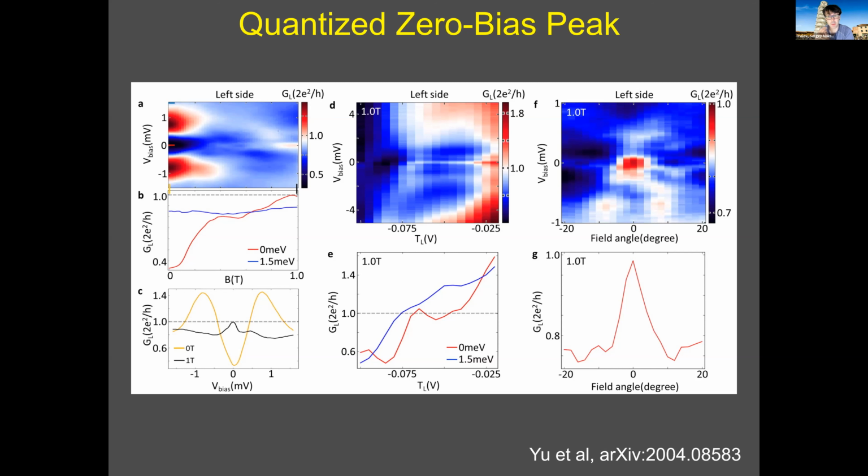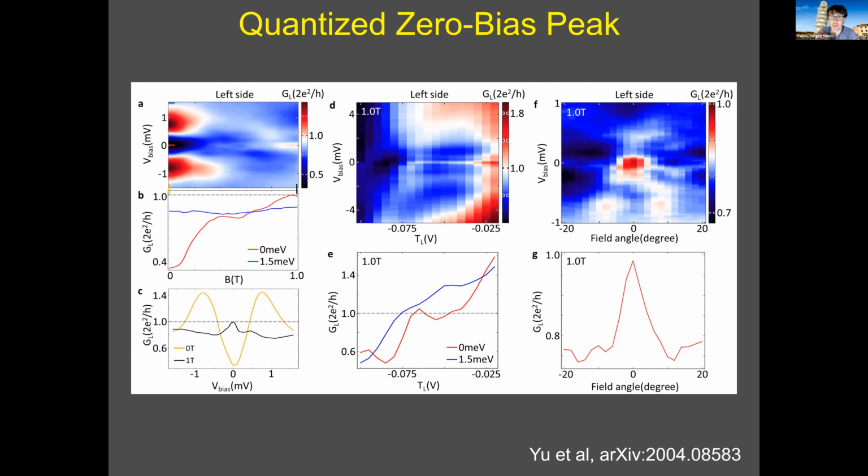But the zero bias peak appears at 0 degrees, which is along the nanowire, which is where we expected from previous experiments where we independently established spin-orbit interaction. Okay, so this is all good.